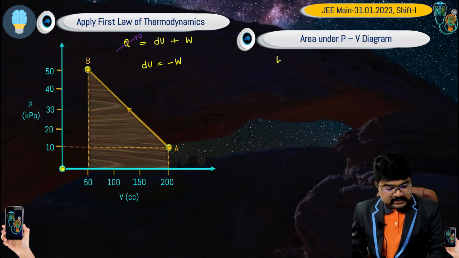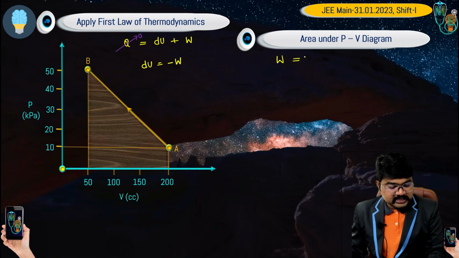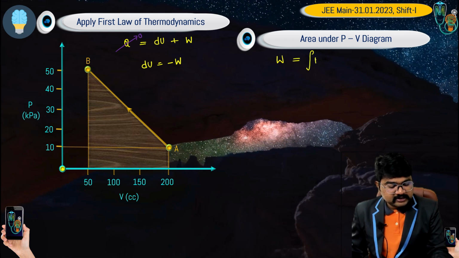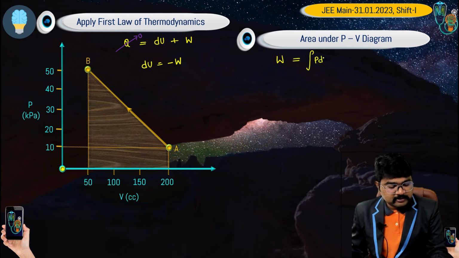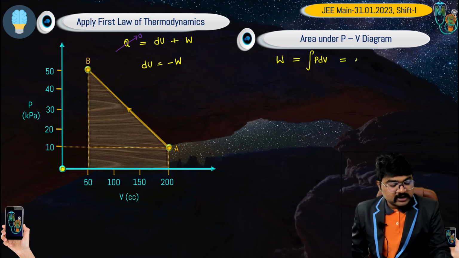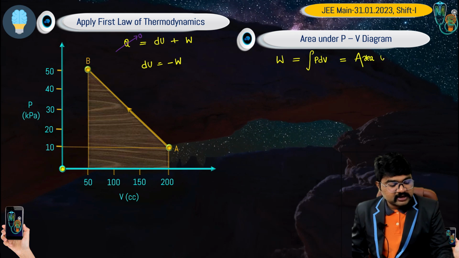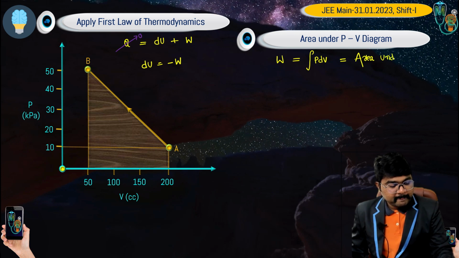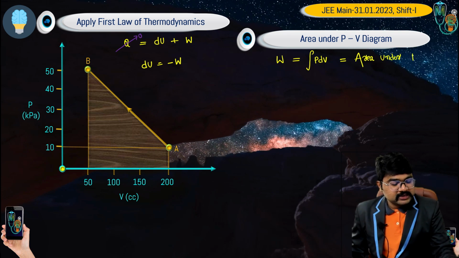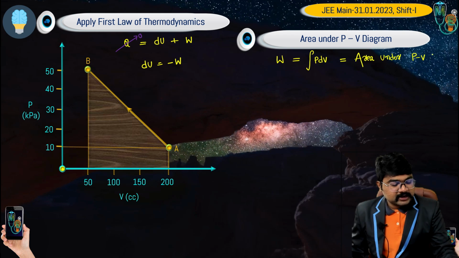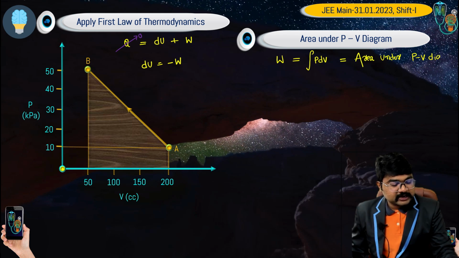Work done is nothing but the area under the curve, the integral of P dV.